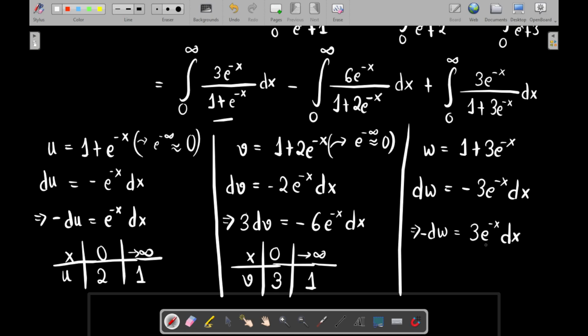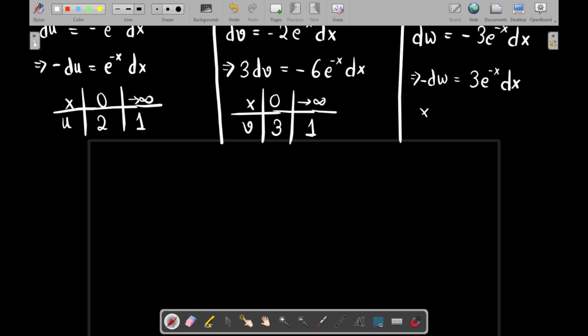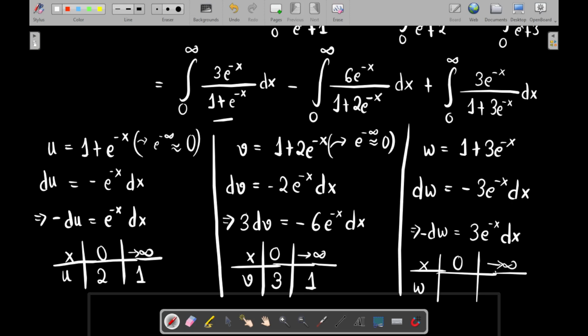So I believe I've got the numerator here, right? Now putting the limits in this third integral, x goes from 0 and tends to infinity, w will be 1 plus 3, right?